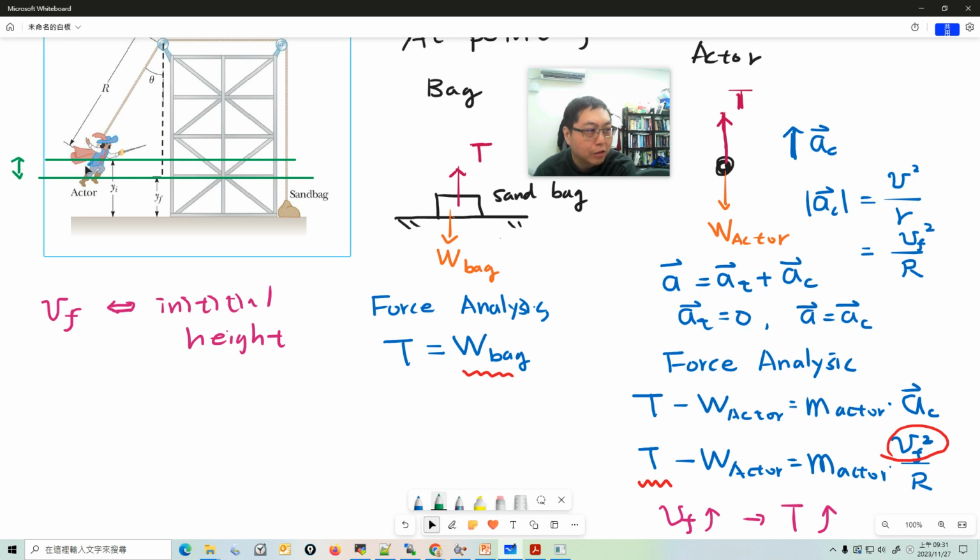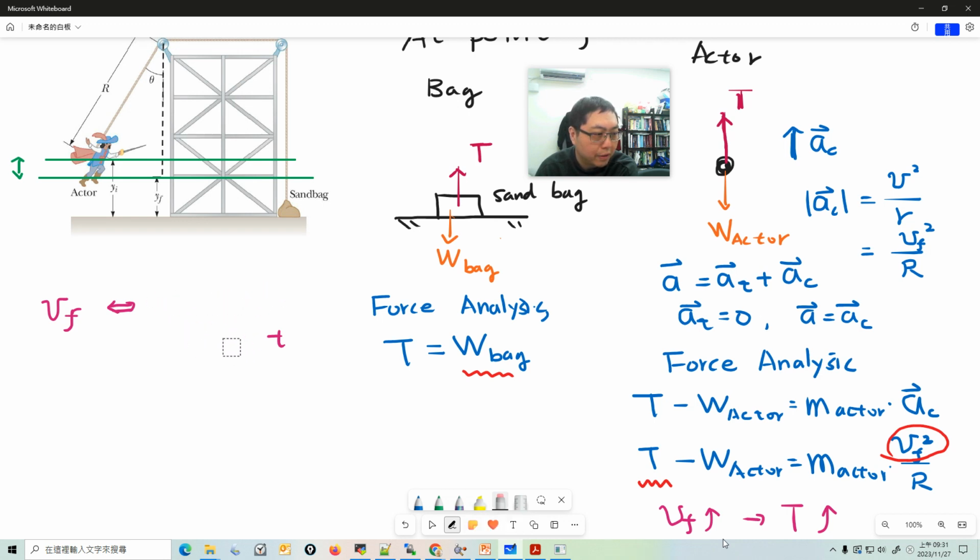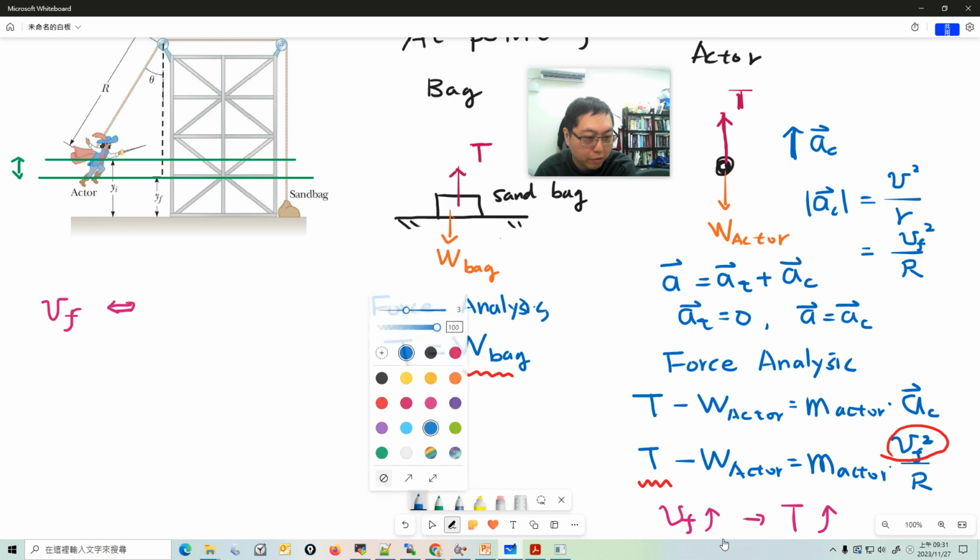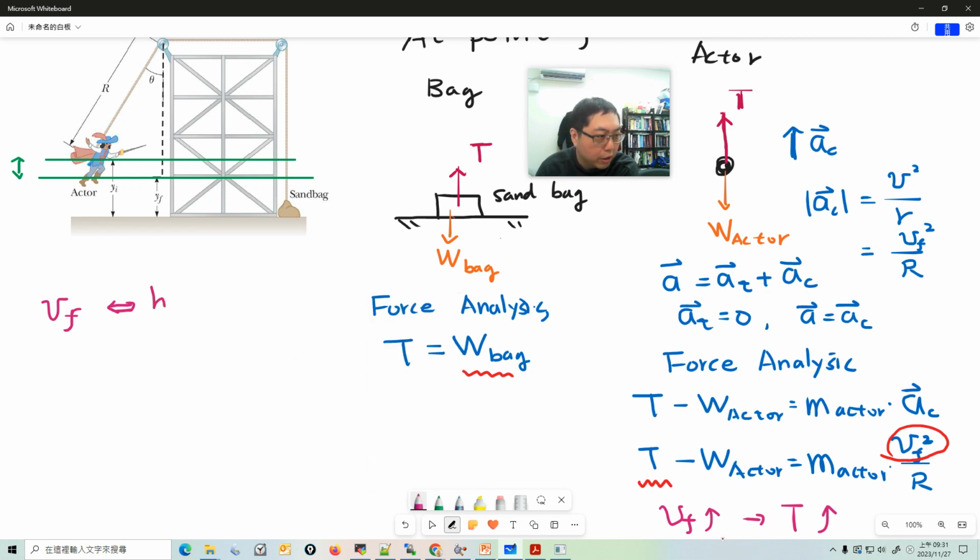I should say height difference, that's more precisely. The velocity relates to your height difference, and the height difference is associated with your theta. We will get there.